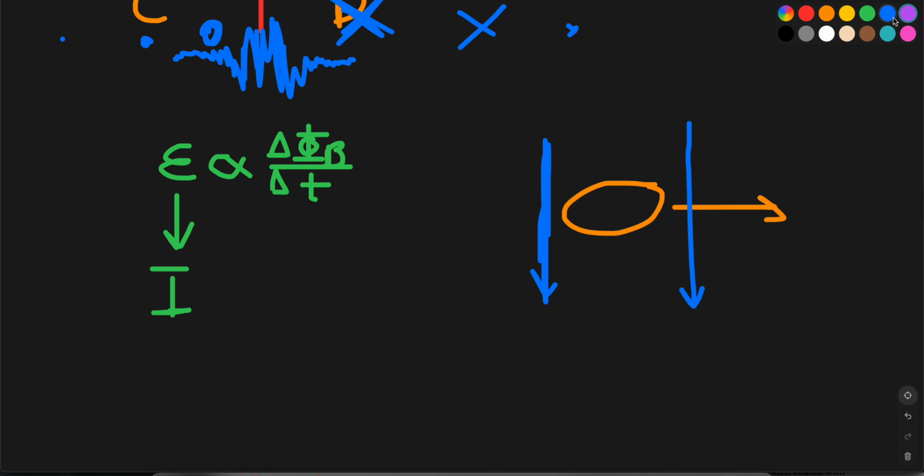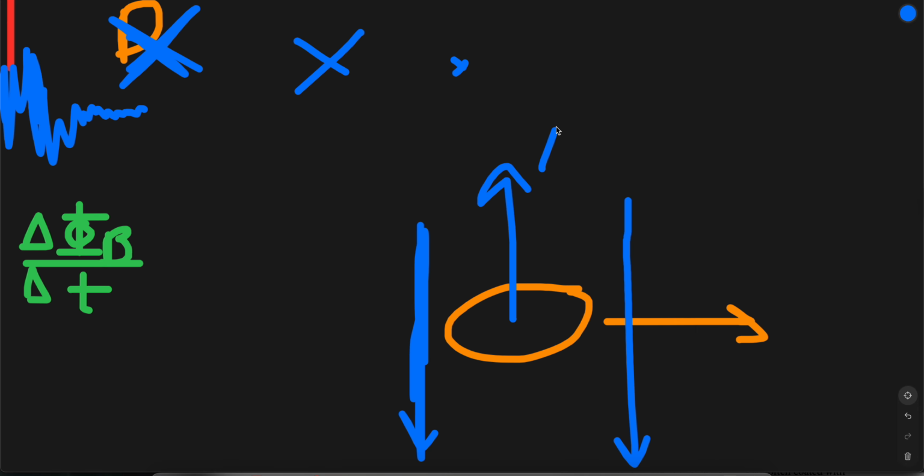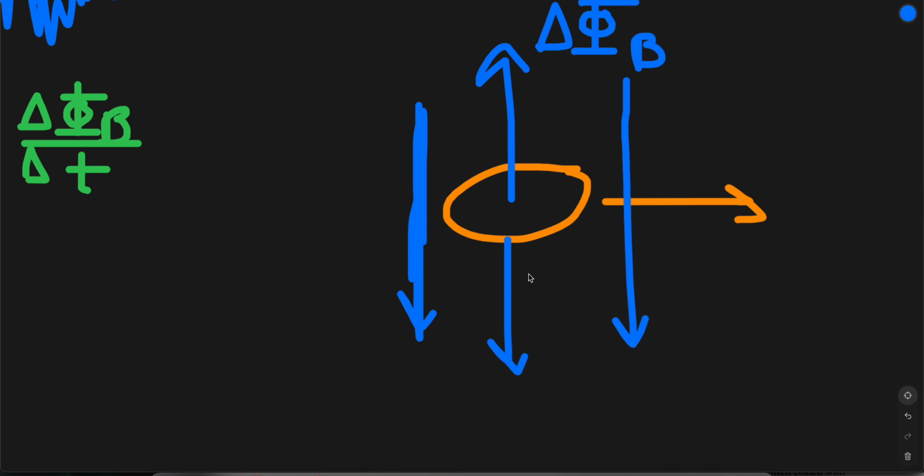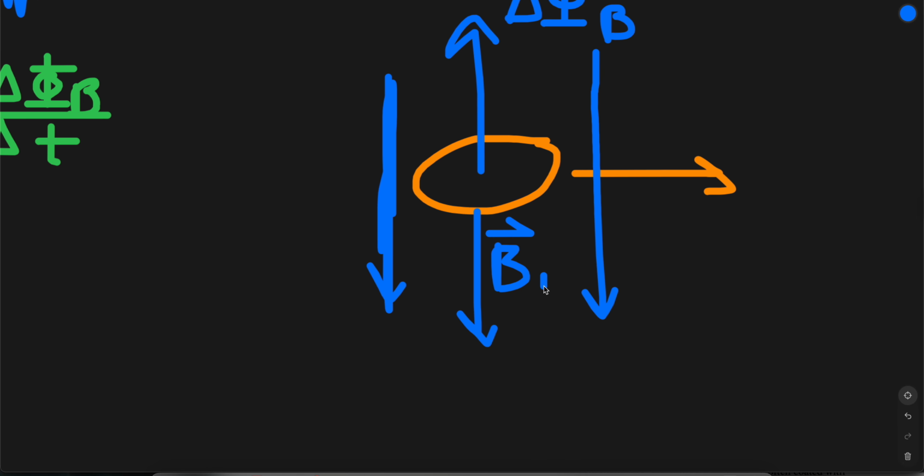So we know that the magnetic field points this way, but because the flux decreases, the change in flux vector, the way I like to look at it at least, I don't really know if it's a vector or not, points this way, which means the induced field points in the same direction as the magnetic field.